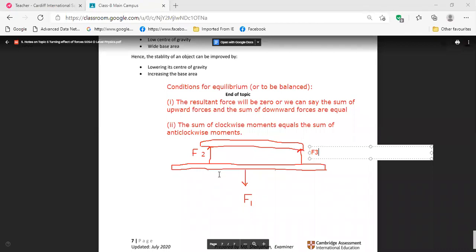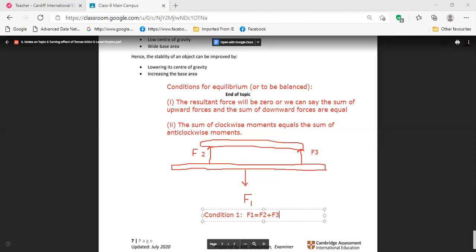So we have all the forces balanced, and we can write condition 1, that is F1 equals F2 plus F3. So it is about the first condition.